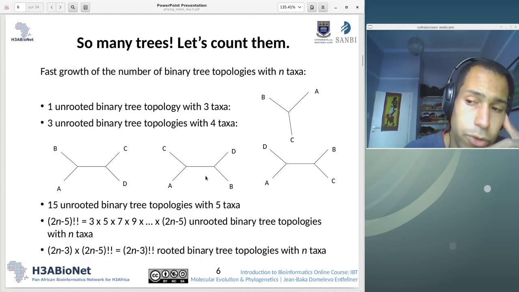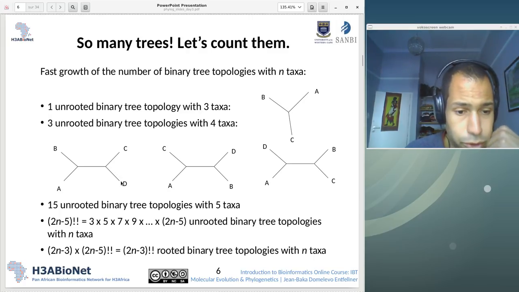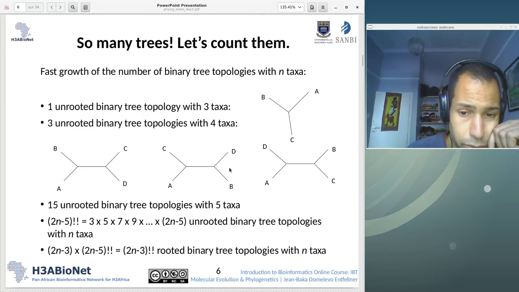In fact, we can show very easily that if you prune D in this first tree topology, you get the same result, meaning this tree, as if you prune D in this tree topology or in this tree topology, okay? You will have ultimately the same tree topology as this one.